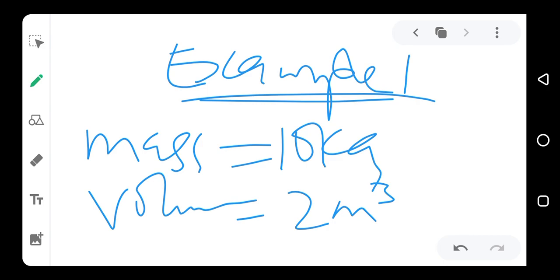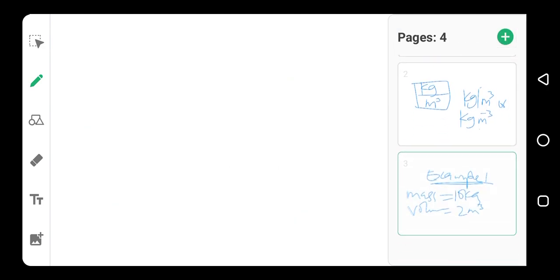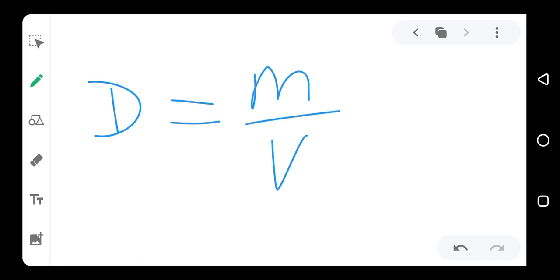How can we do that? We say that density D is equal to m over v, where D is density, m is mass and v is volume. Now mass is 10 and volume is 2, which is now 10 over 2. 10 over 2 is 5.